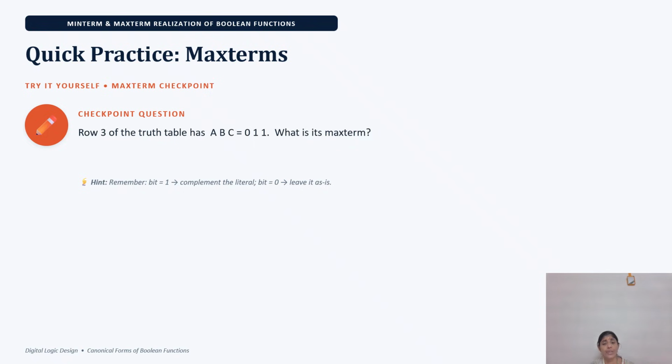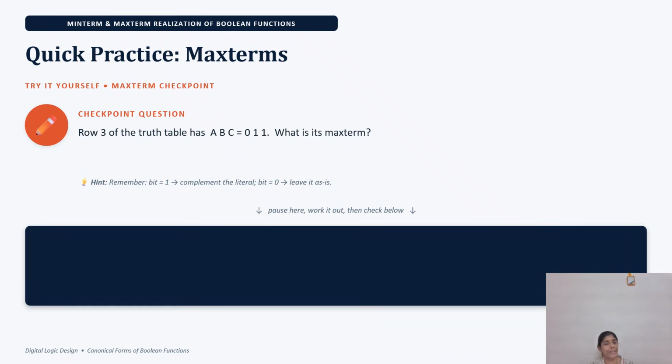Bit equal to 0, leave it as it is. Pause here, work it out, then check below whether the answer is right or wrong. Here what will be the resultant? A should be as such. So it should be A, B dash, C dash. But you have to use plus between them.